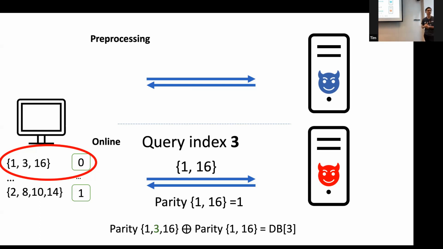So it knows 1, 16. You can know which query this is. Okay, go ahead. If you made repeated queries on the same set, for example your first query was 1, 16, and then your second query was 1, 3, now you know that 3 and 16 are both in the same set, so the first query must have been for 3 and the second query must have been for 16.